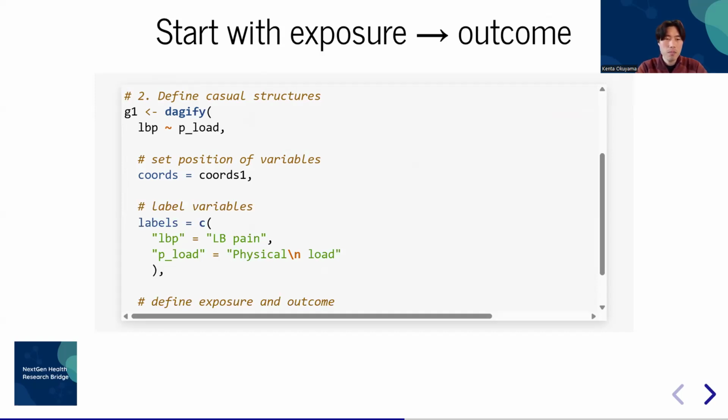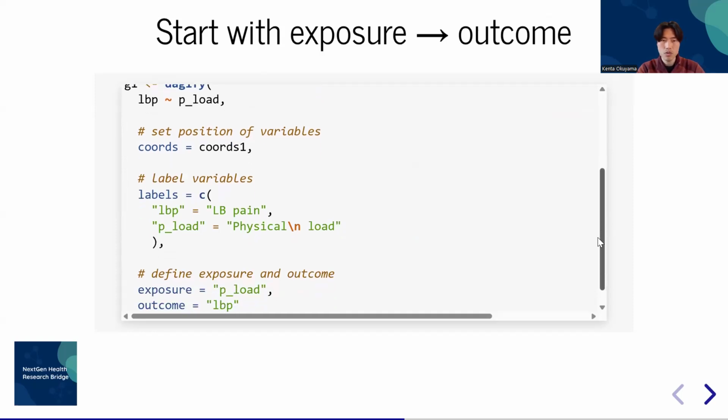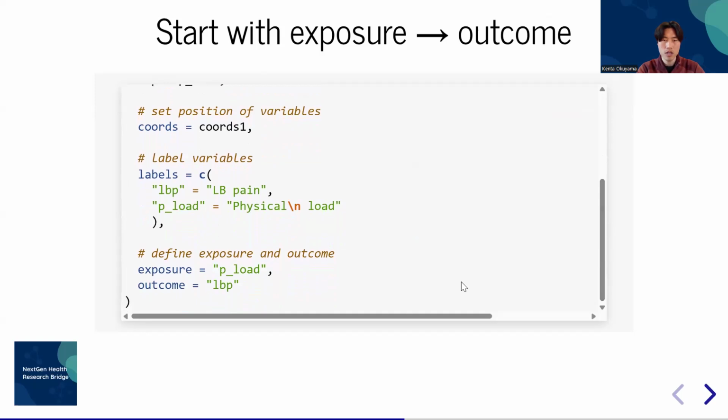Then we plug in the coordinates that we have defined earlier, and label each of the variables. It is optional, but I recommend it so that it will be better visualization once we plot this DAG. And finally, we define which one is exposure and which one is your outcome.